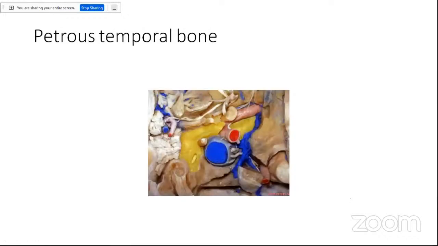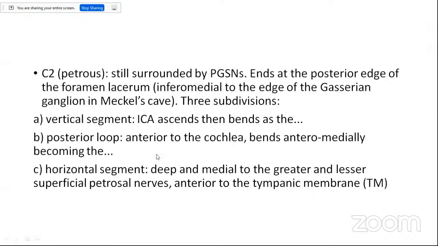So this is the petrous temporal bone, the yellow colored or the shaded region, and within the petrous temporal bone, you can see this highlighted dark red colored portion, which has specific turns. For example, if you follow this course, as it initially ascends into the petrous temporal bone, it has a vertical segment, and then it has a posterior loop, and then followed by the horizontal segment.